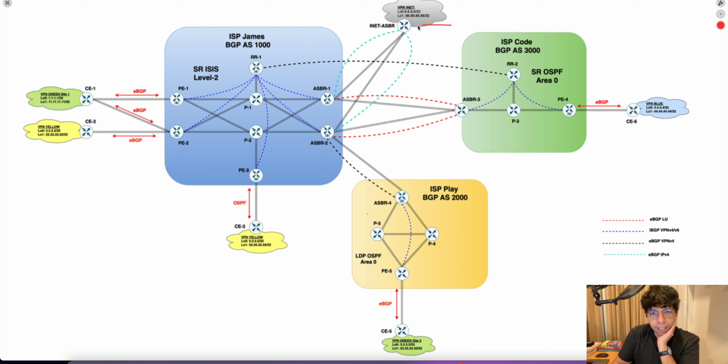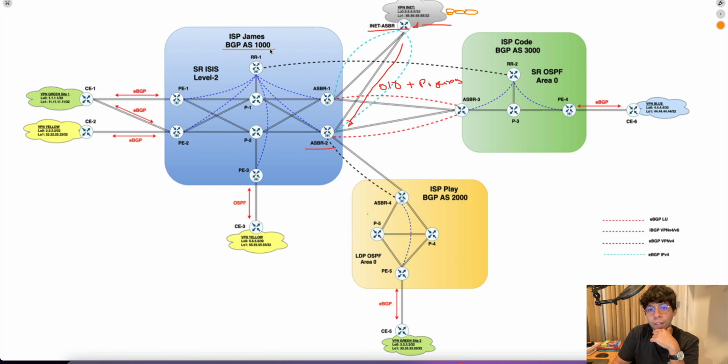So we have the internet in our mock lab 1, we have the INET ASBR, right? This guy is sending a default route plus some prefixes in our lab towards the ASBR2. So the INET ASBR is connected to ASBR2, and they have an eBGP session, okay? The INET is under BGP 800, and the ISP, which is composed by P1, P2, ASBR1, and ASBR2, is under BGP AS 100.